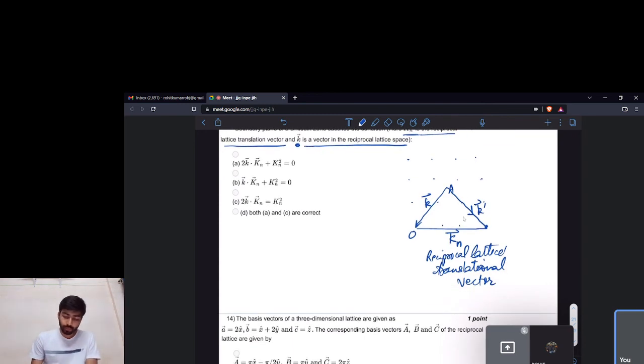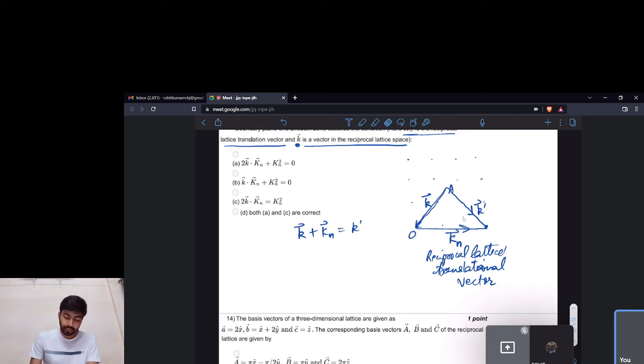So according to the law of vector summation, we can write k plus Kn is equal to k prime. The vector goes in this direction and then in this, and the resultant is given by k prime.